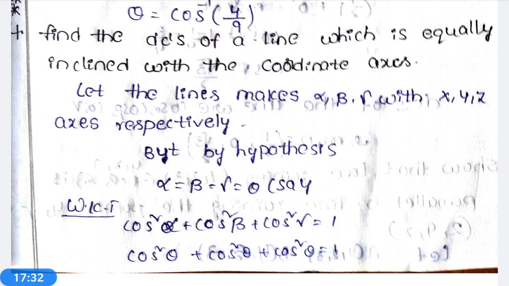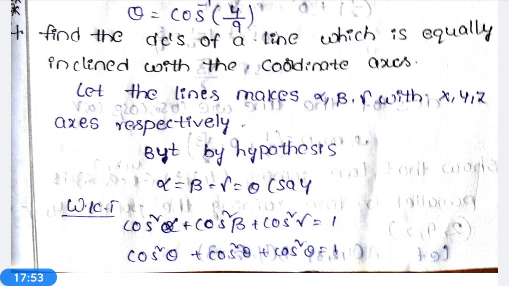The problem is: find the direction cosines of a line which is equally inclined with the coordinate axes. Find the DCs of the line. That means a line which makes equal angles with the coordinate axes.